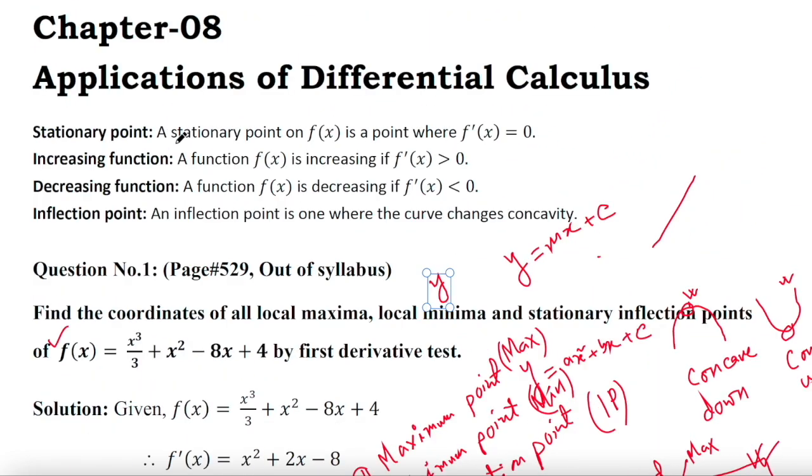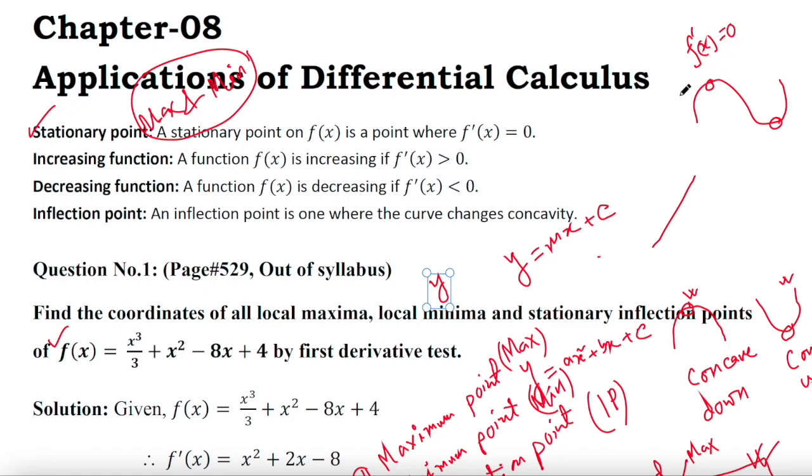First, what is a stationary point? Maximum point as well as minimum point is known as a stationary point, and at those points, the first derivative equals 0. First derivative f prime x equal to 0. Why?